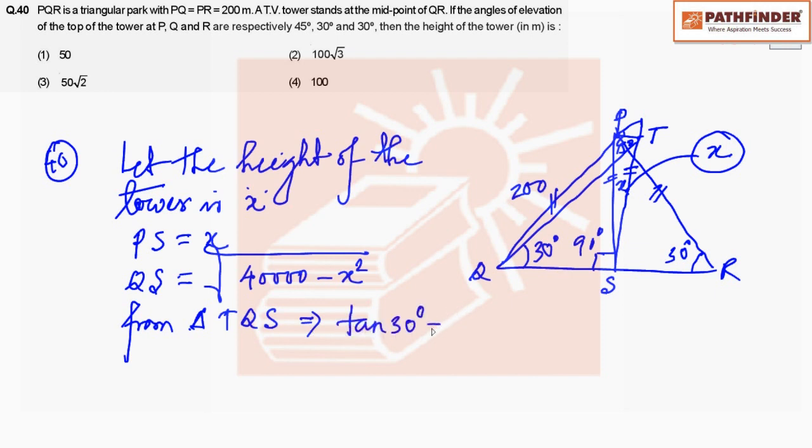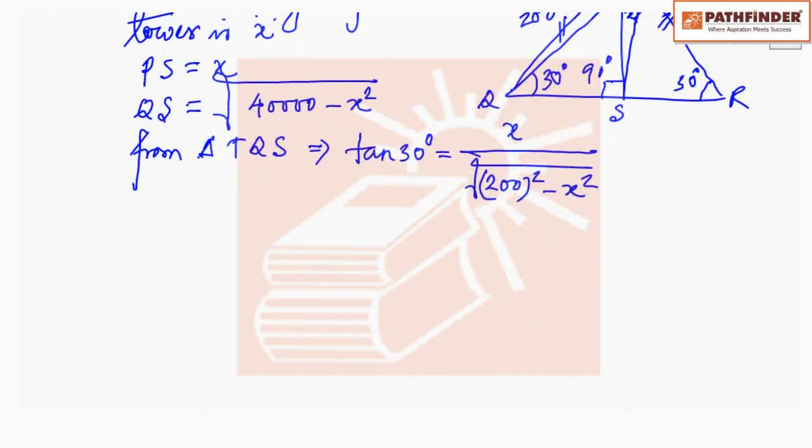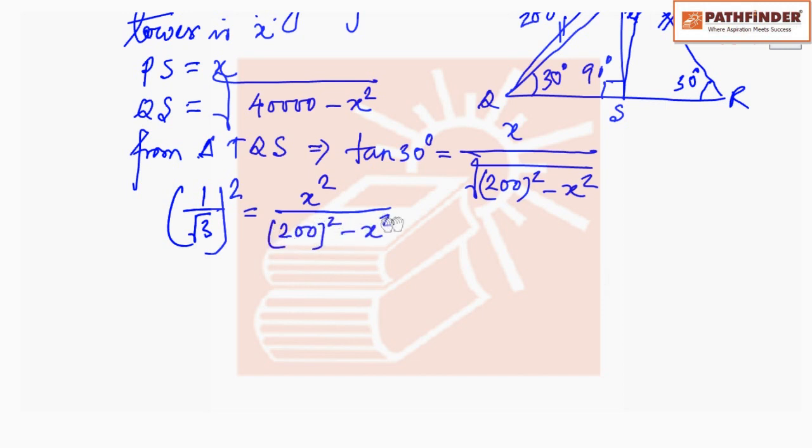Tan 30 is x by root of 200 square minus x square. That means 1 by root 3, square, equal to x square by 200 square minus x square.